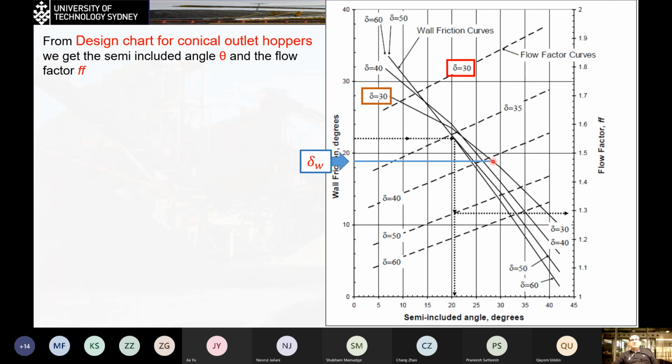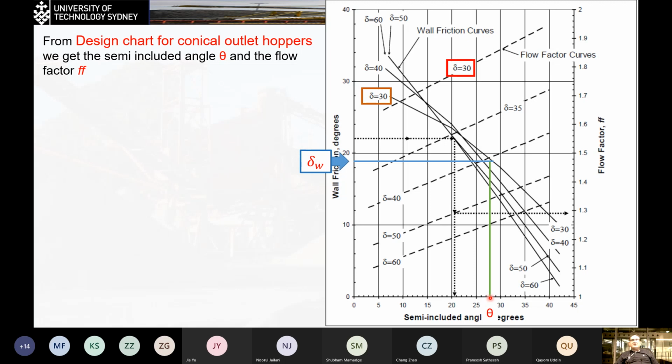Now from this intersection point, I'm going to sketch a vertical line to intersect with the x-axis to find the value of the theta. You can see that the value of the theta is 25, 26, 27, almost 28.